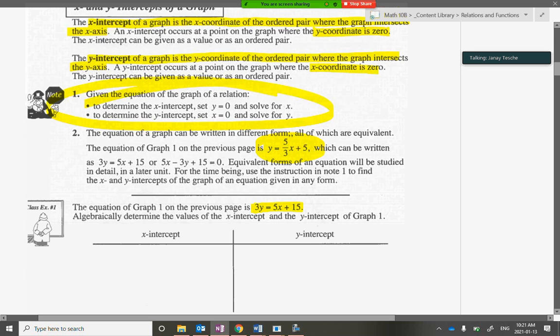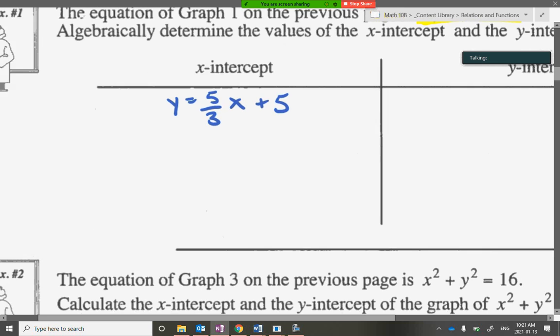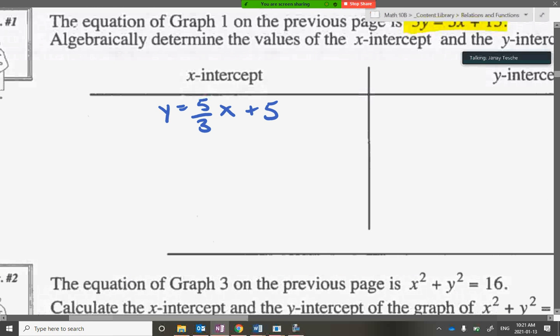Your workbook just goes in a different order than I'm teaching it is all. So if our equation for graph 1 is y equals 5/3 x plus 5, and the question's asking solve for your x-intercept, all you're going to do is plug in 0 for y. And then we can solve for x.